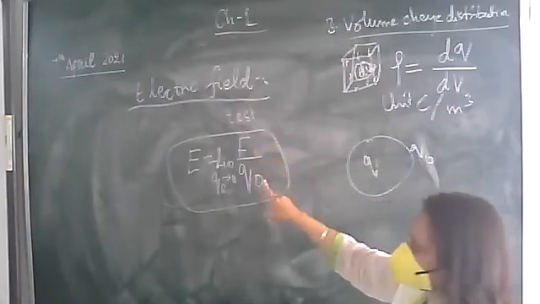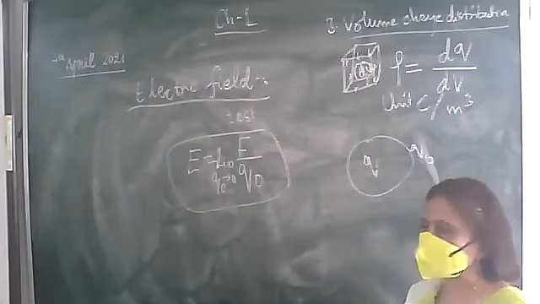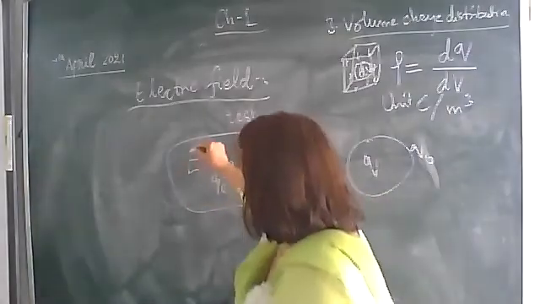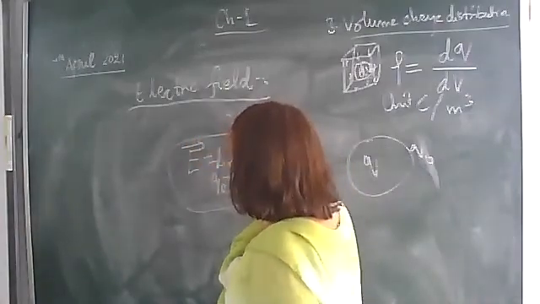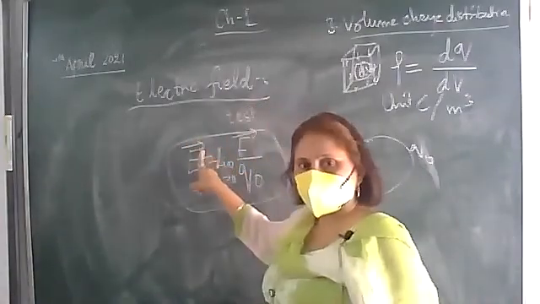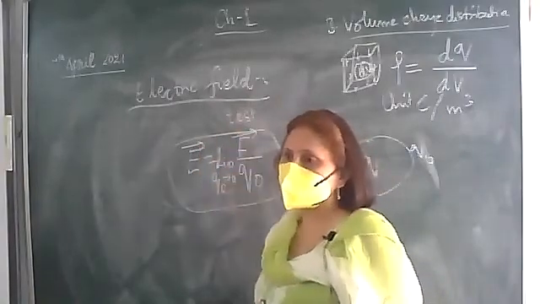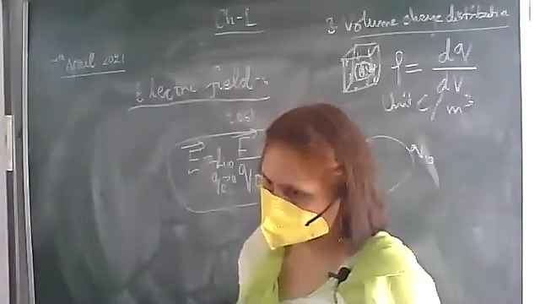So electrostatic force per unit test charge, we call it the electric field. Now it is a vector quantity, so here you will put the arrow. Direction will be along the direction of the electrostatic force.